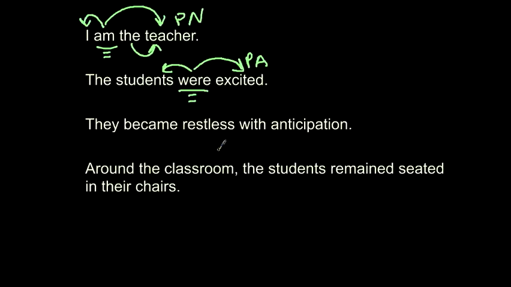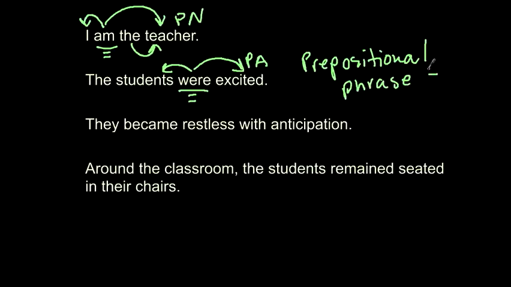Now, this next sentence is in here for a specific purpose. When you are dealing with complements, one thing that complements are not are prepositional phrases. So if you wrote off to the side here: prepositional phrase does not equal object, does not equal complement, if you will.